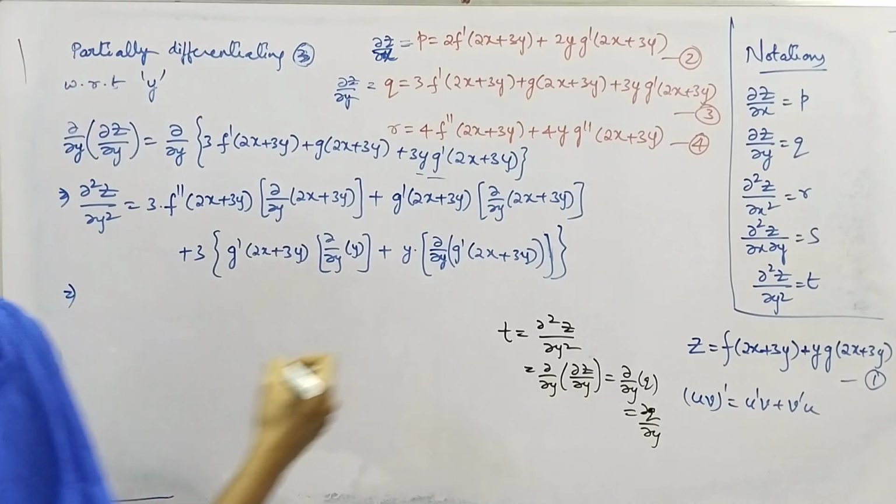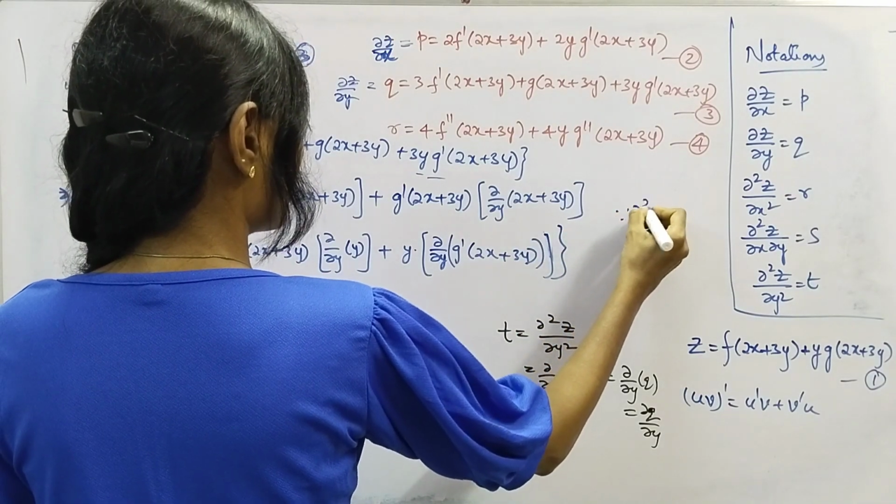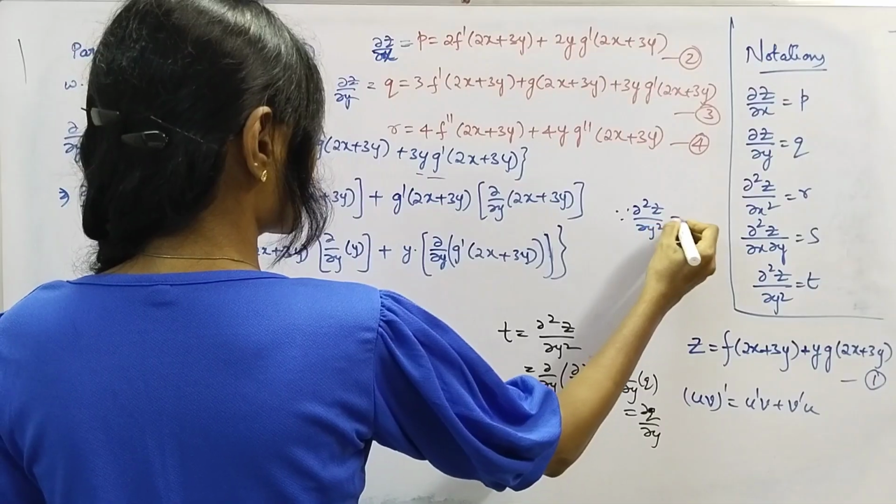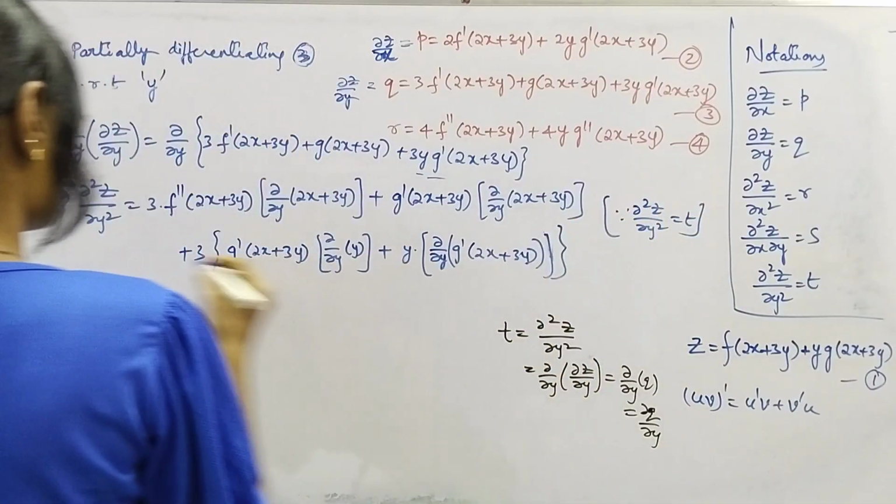This gives us, since ∂²z/∂y² equal to t, just replace it by t.